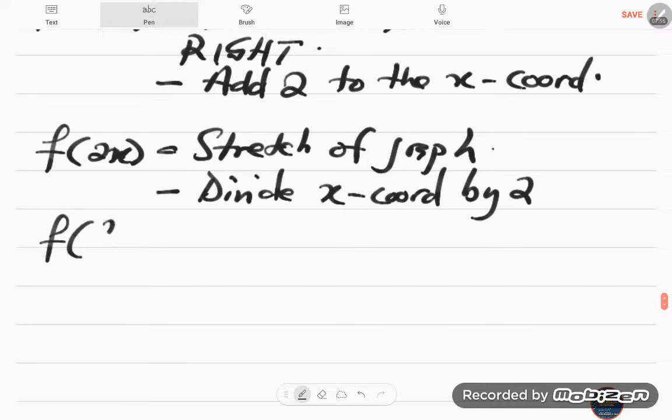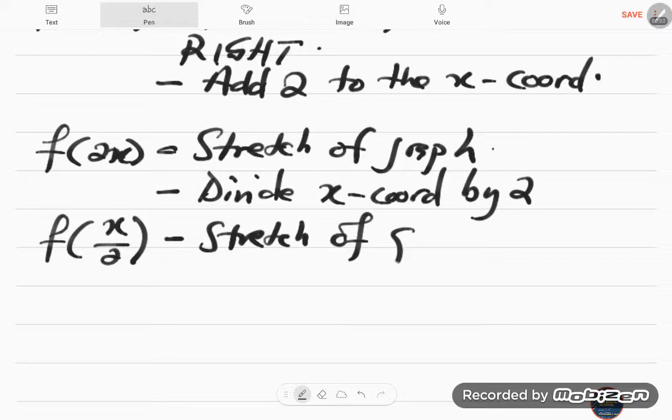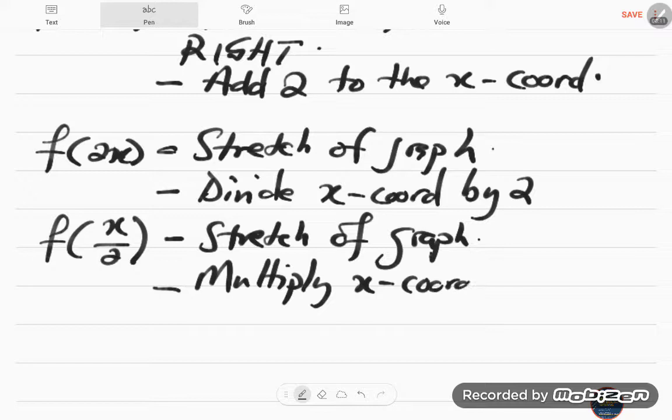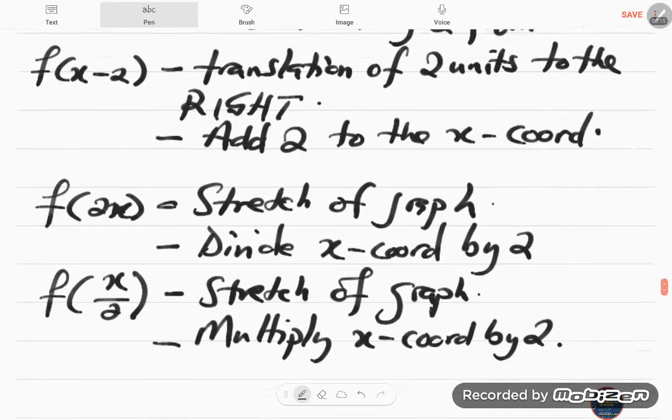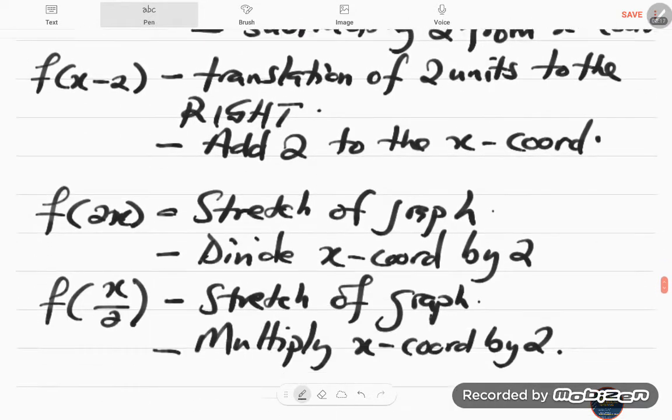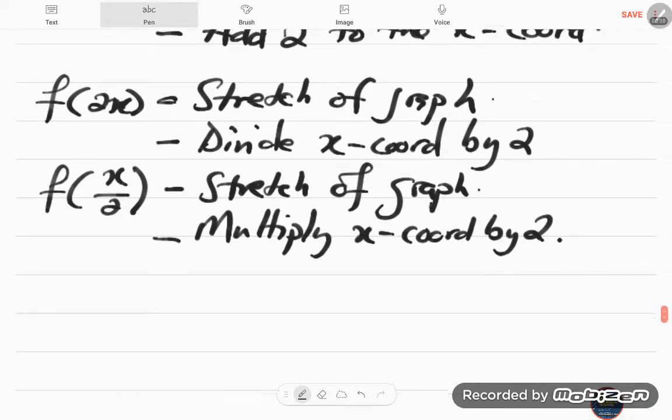Similarly, it's again going to be a stretch where we now multiply x coordinates by 2. Okay, and with that clears all the cases of what could possibly happen inside the bracket.